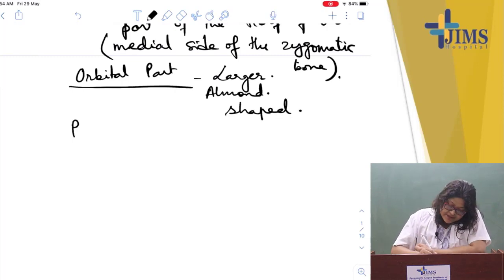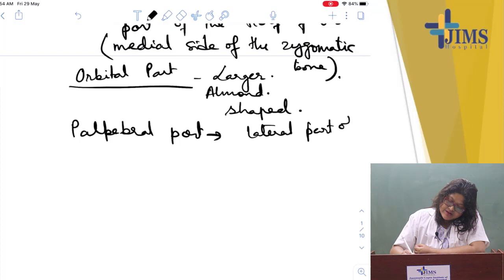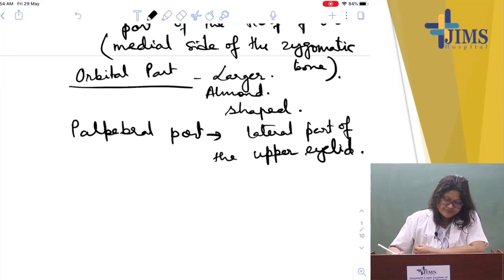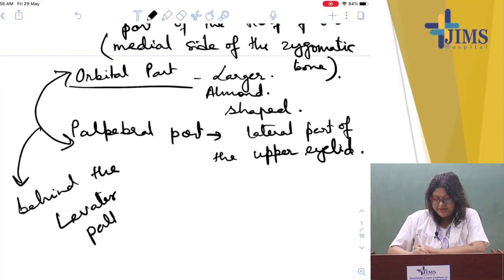The palpebral part is present in the lateral part of the upper eyelid.